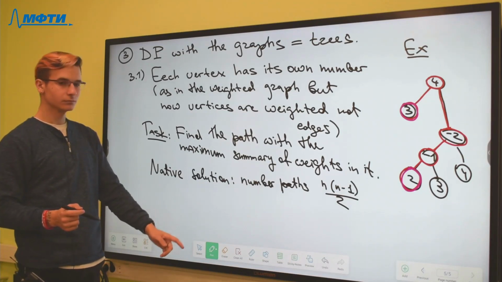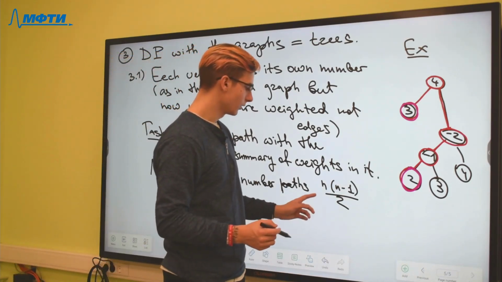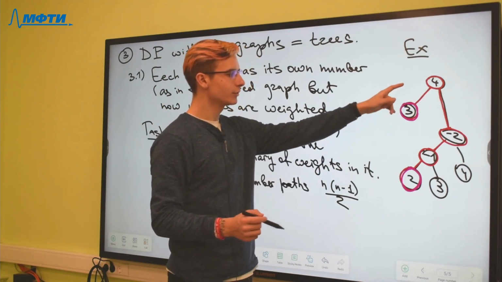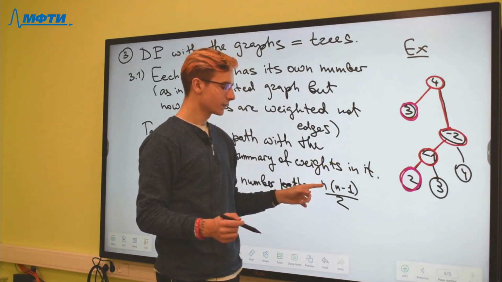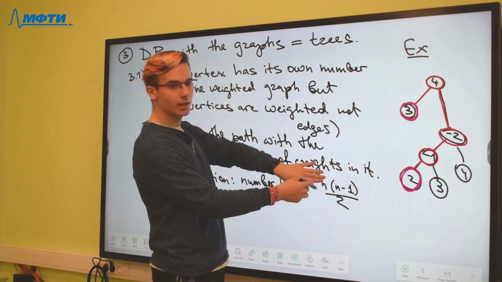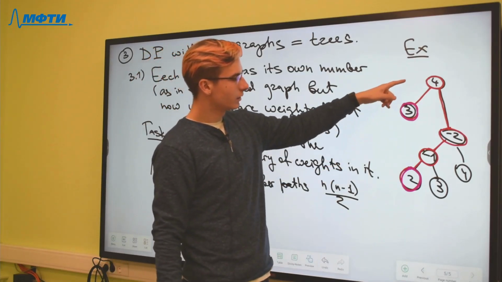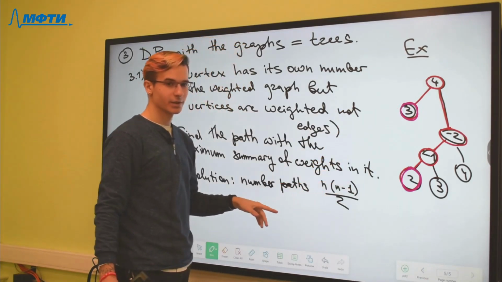So why is it n? We can choose any vertex. Then we choose any other vertex. And then we say that we have no direction in the path. So we divide it by 2.